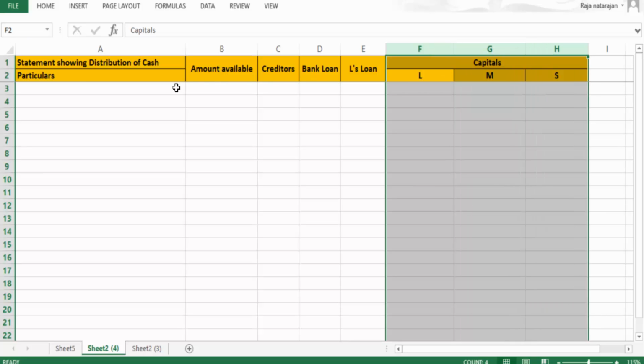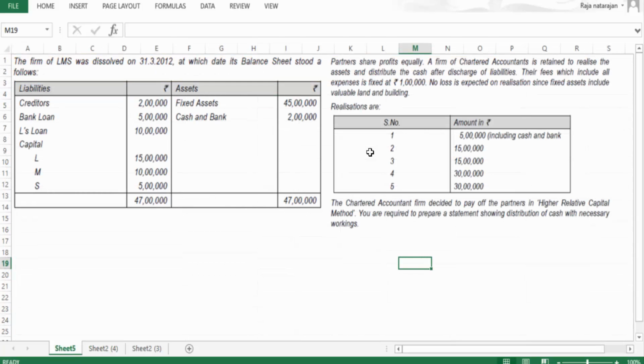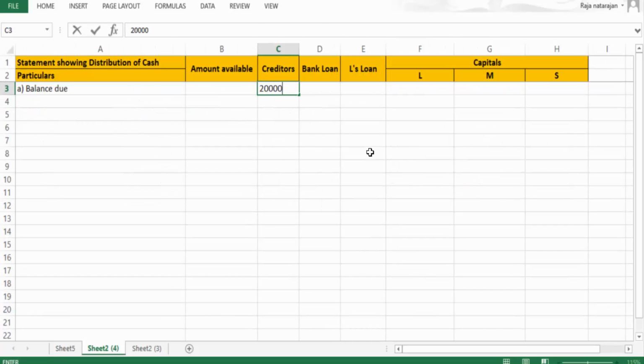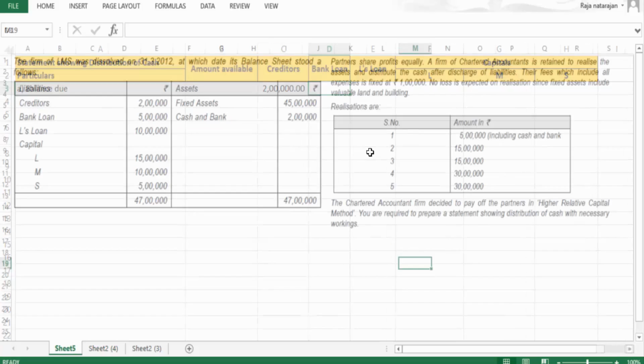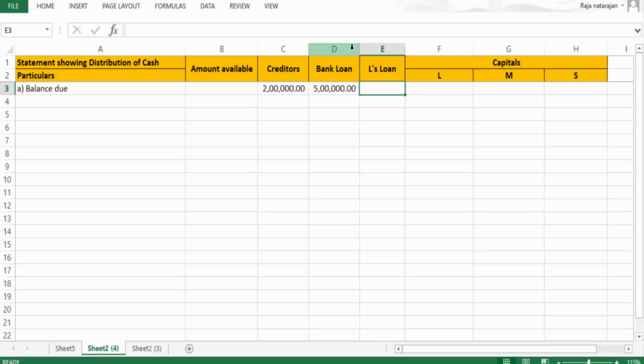First, let us capture whatever the balance due. What is the creditors amount? It is 2 lakhs, 200,000. Then bank loan is 500,000. Then we have L's loan.